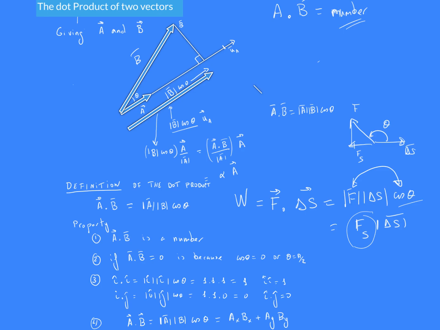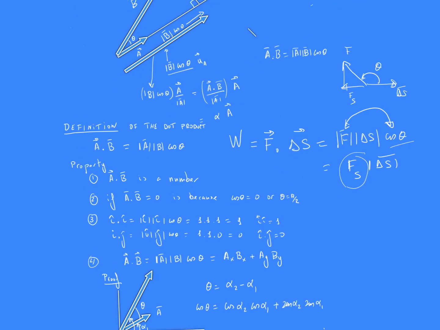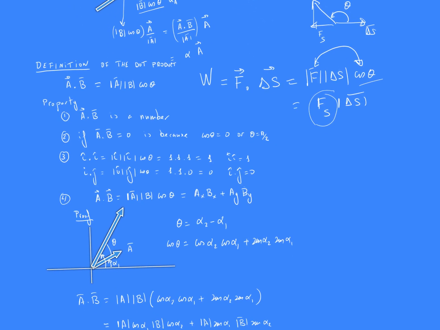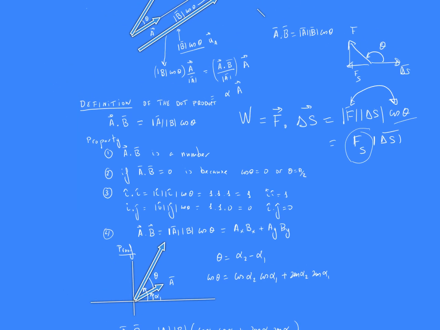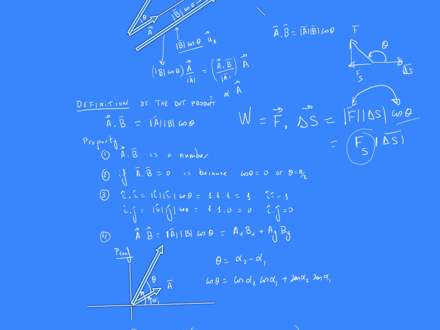So let's see some properties of the dot product to familiarize ourselves with this new concept. A dot V is a number, we said that. A dot V is 0 when, well, if A is 0, the magnitude of A is 0, multiplied by something will be 0.